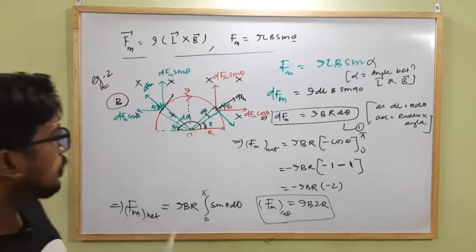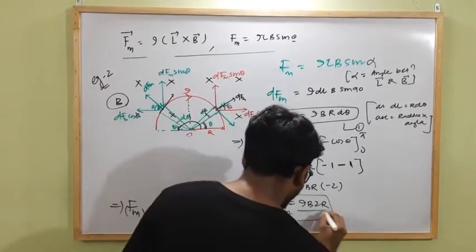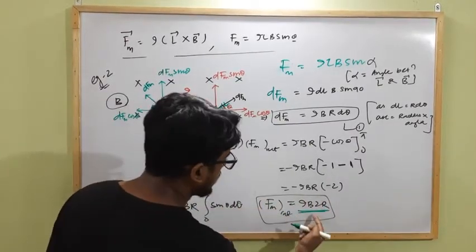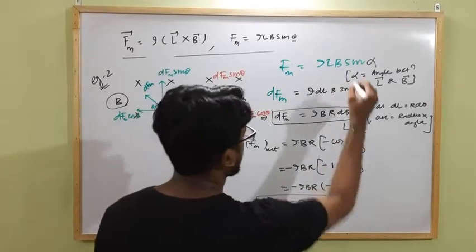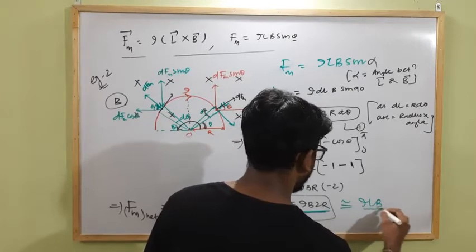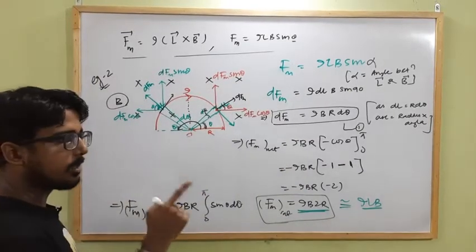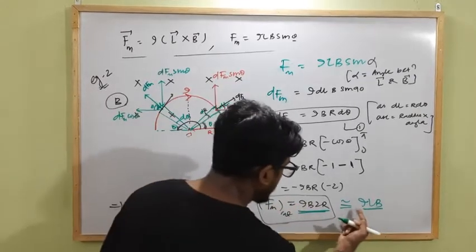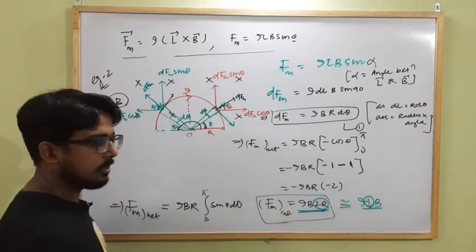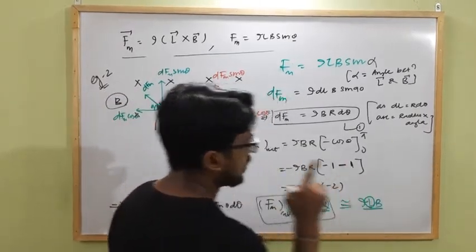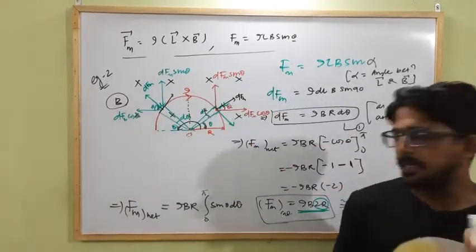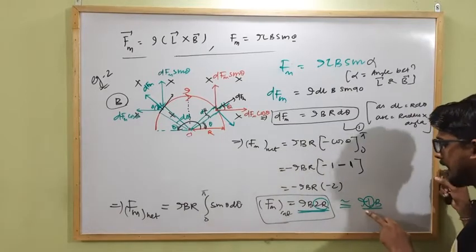Clear? So from this expression we can observe that it looks similar to ILB, when the angle between the L vector and B vector is 90, but in place of L there is 2R. In general, when the length vector and magnetic field strength make an angle of 90 to each other, the magnetic force acting on the current carrying conductor is ILB.